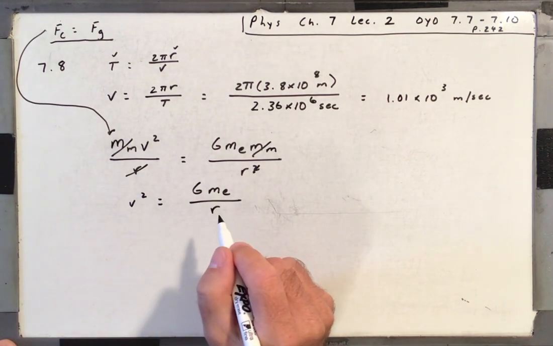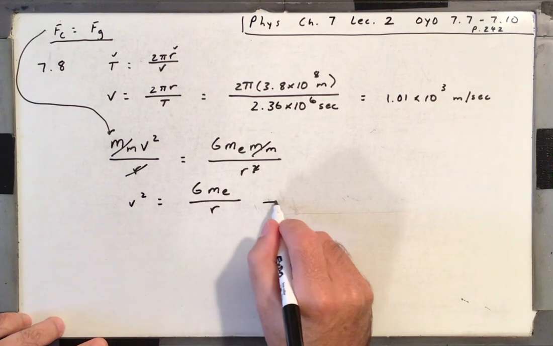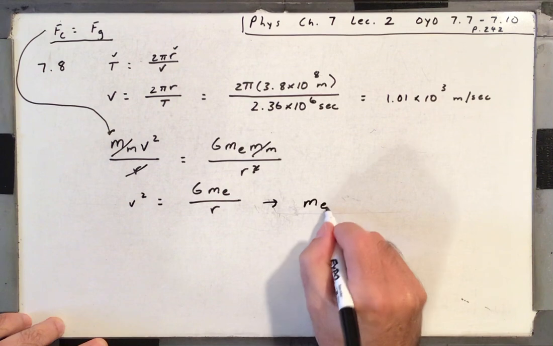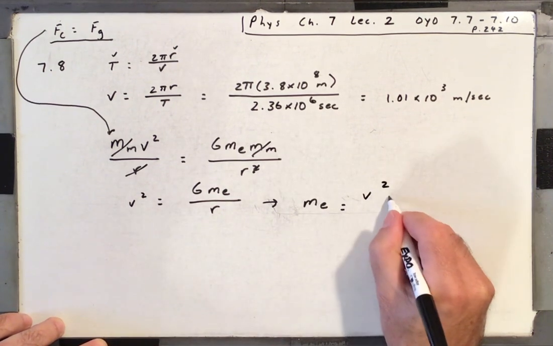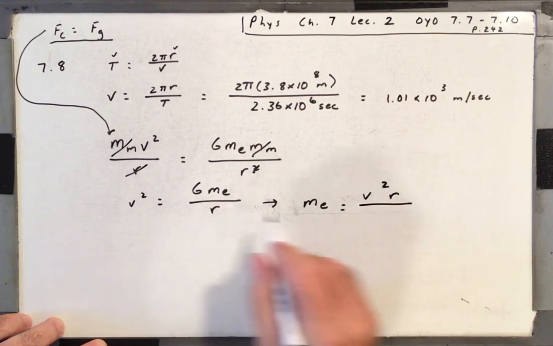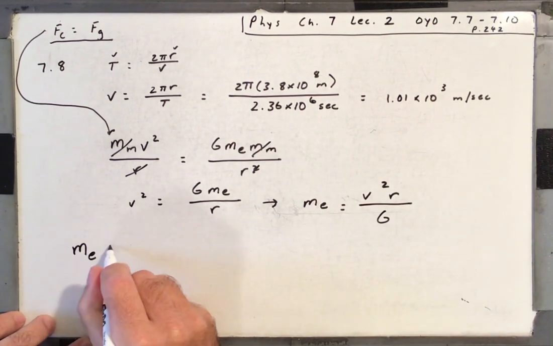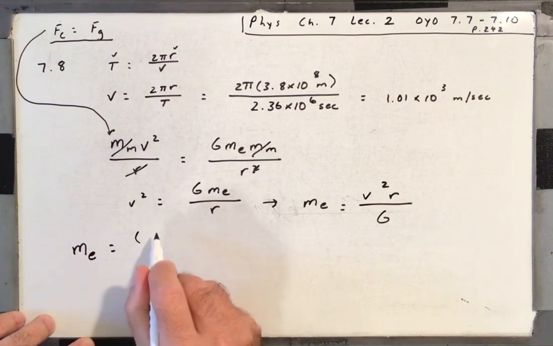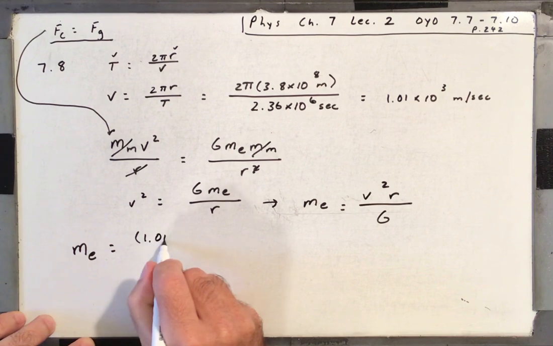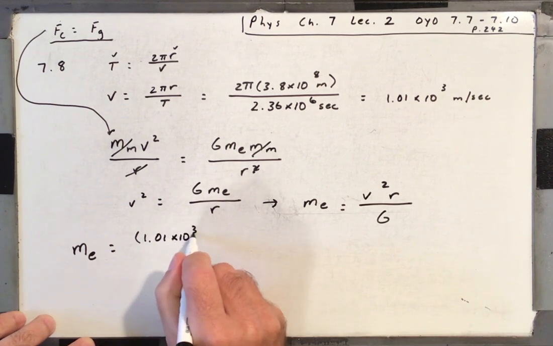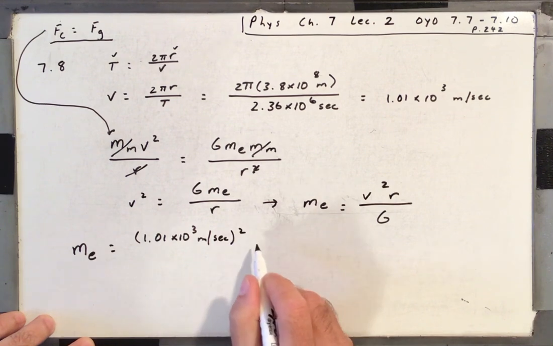The question is, what is the mass of the Earth? So solving for the mass of the Earth, multiply both sides by r, I'd have v squared times r, and then divide both sides by G. So the mass of the Earth is going to be the velocity, what you just got, 1.01 times 10 to the 3rd. Don't forget to square it.